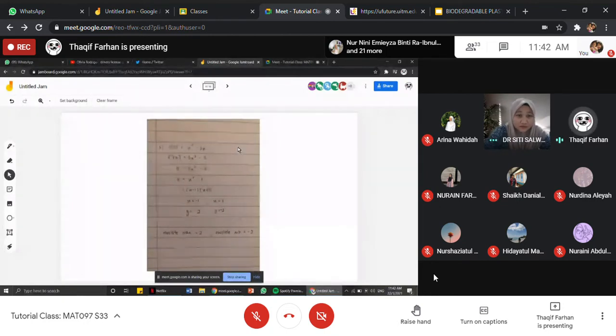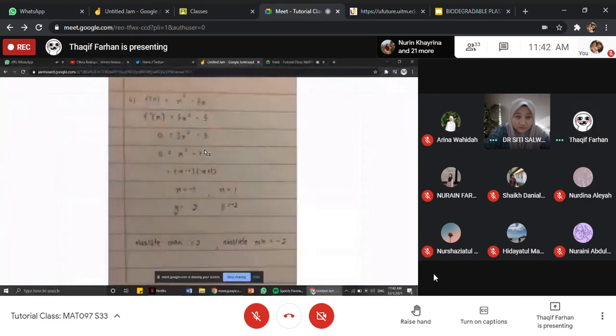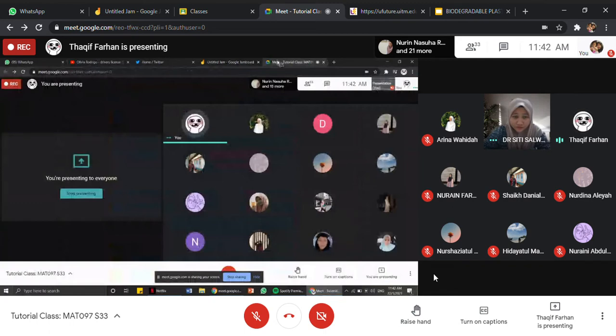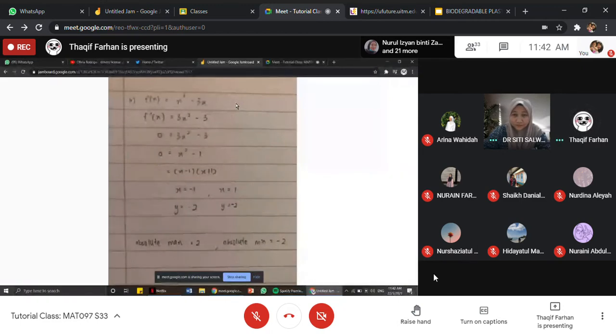The square -3. So first we multiply the x. Then we... Yes. Can you see? Okay, Takif. Proceed.